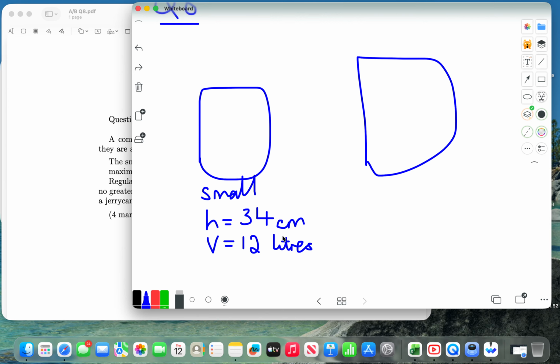And we then have the large one, and the large one is the maximum capacity of 20 litres. But we don't know the height, and that's what we want to find out. Let's call it X.